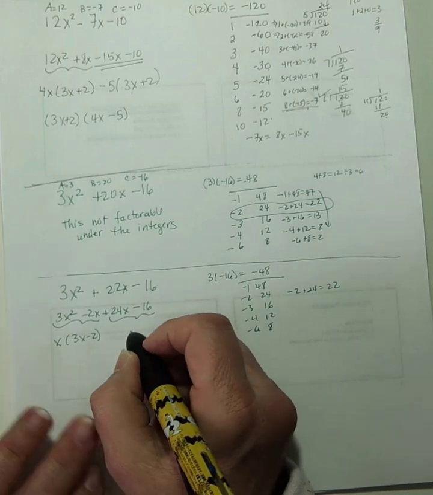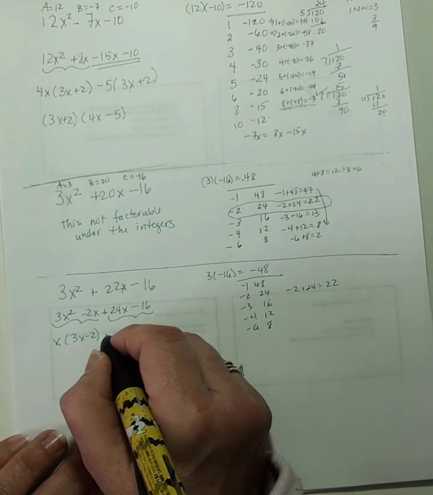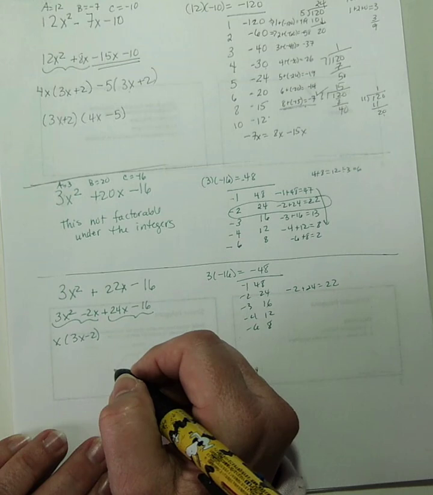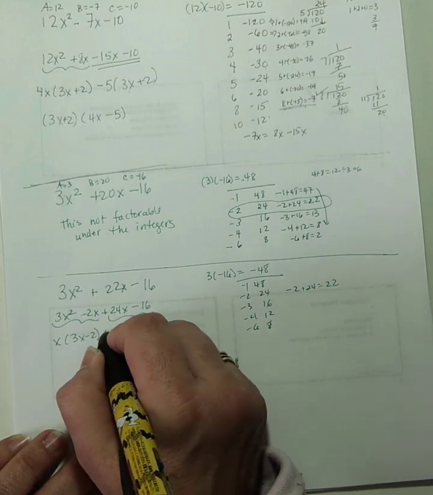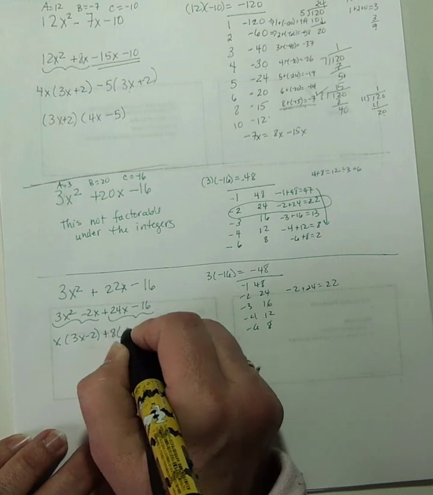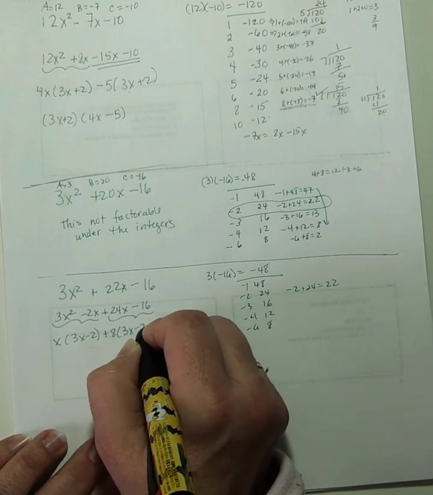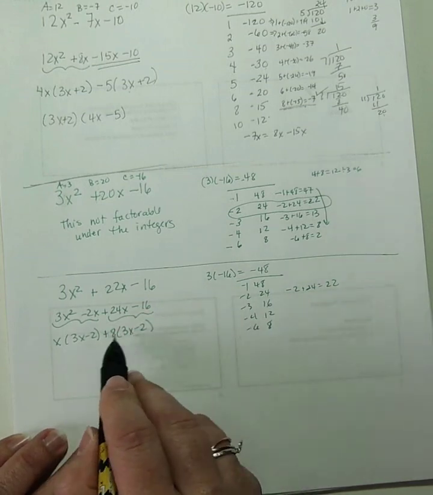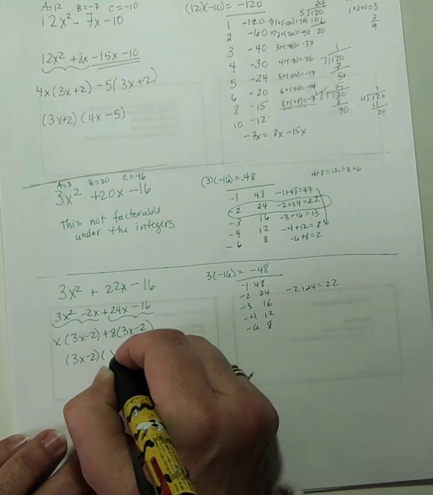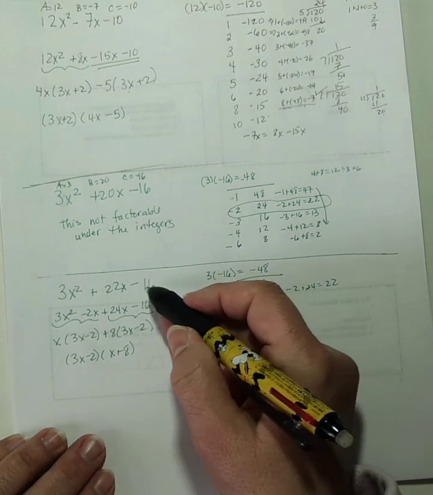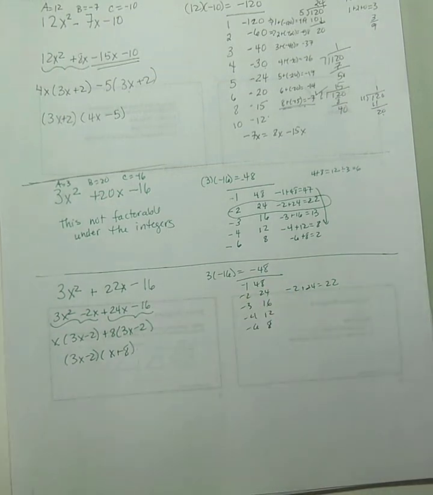Looking in here, what I could take out of both of these is a 4. Maybe even more, an 8 actually. Because if I take out an 8, I'm left with 3x minus 2. And now I've got that same factor in both. So factoring by grouping, I'd be left with this. And now I have factored my problem.